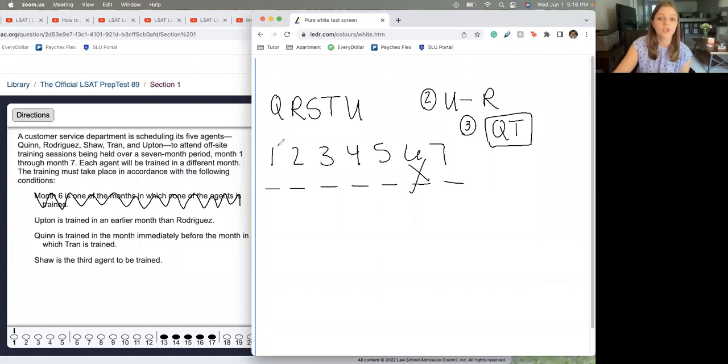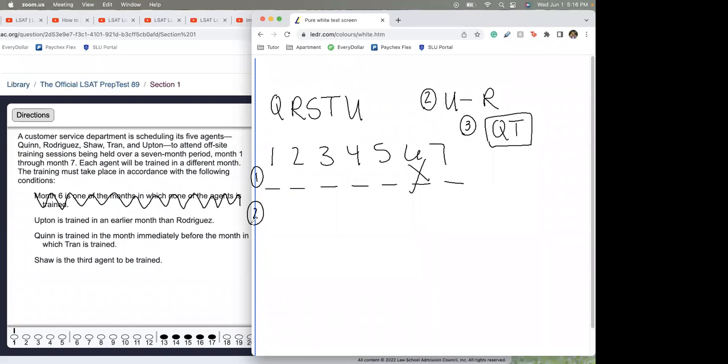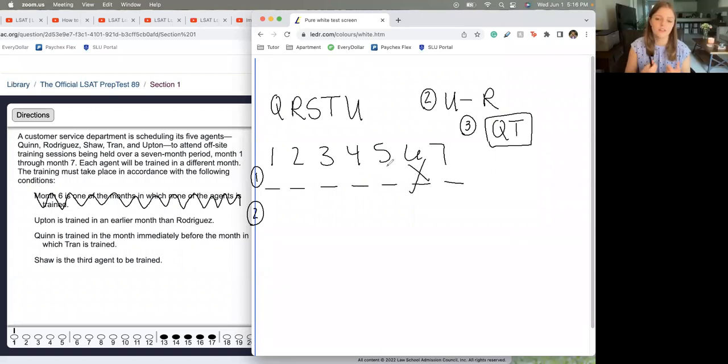Oh, you mean like shifting Q down? Yeah, like QT in 1 and 2, and then QT in 3 and 4, because 6 is blocked out, so we can't have Q in 5 because we wouldn't be able to put T in 6. Yeah, they can't. They have to be next to each other, and that X is going to split them apart, so we can't do that.